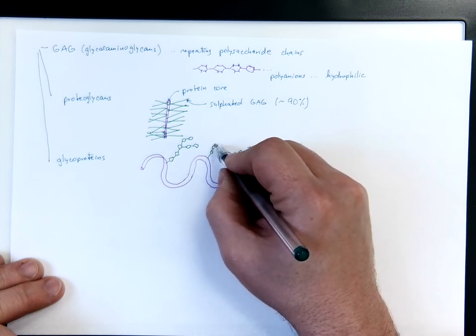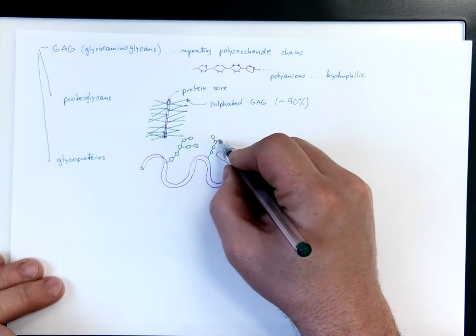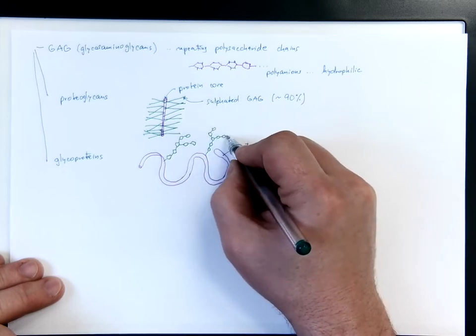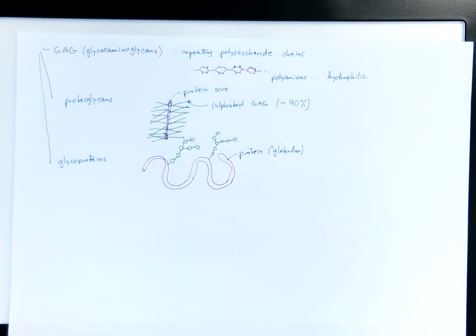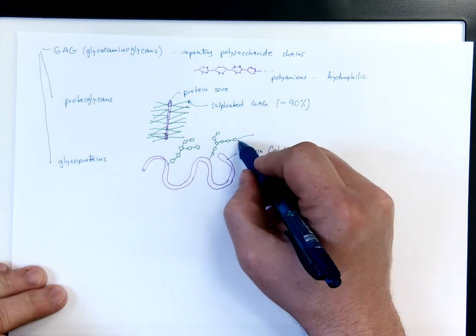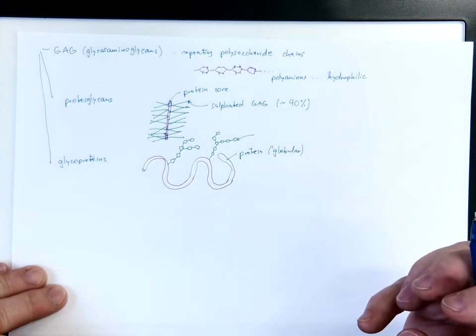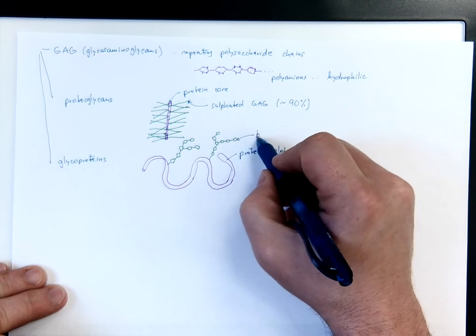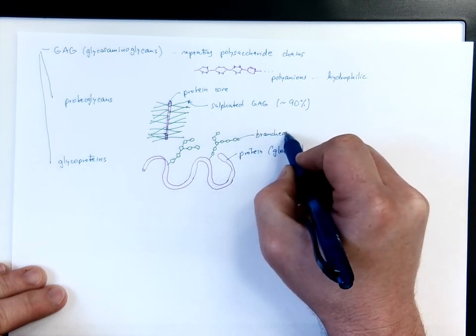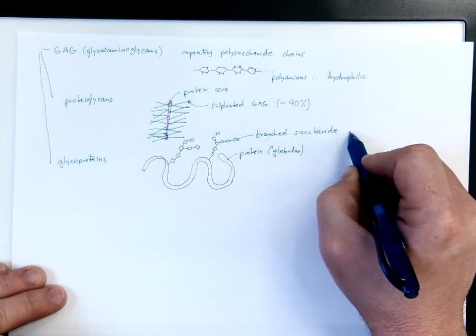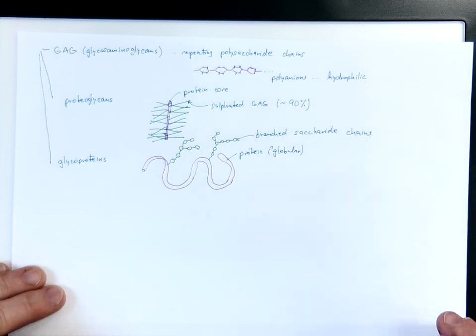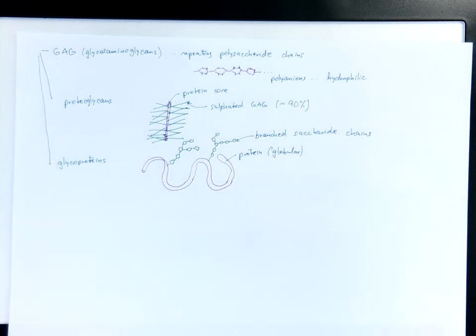These glycoproteins very often have several adhesive domains, therefore binding the extracellular matrix to the cells, thus contributing to the cohesion and adhesion properties. So these are branched saccharide chains. So this is the basic overview. More details can be found in lectures and the textbooks, and good luck with that.